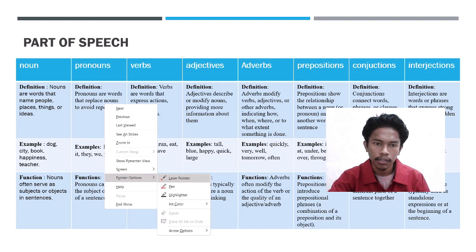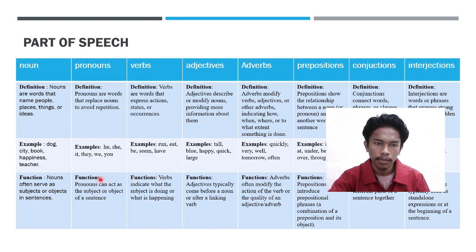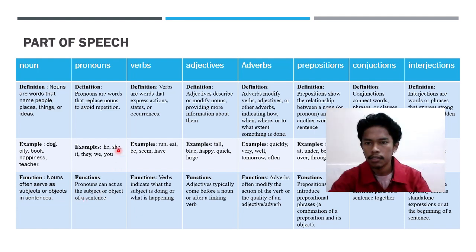Pronouns can act as the subject or object of a sentence. It can be object or subject, but remember, the object must take a different form, but you don't learn about this in this section. So let's go.